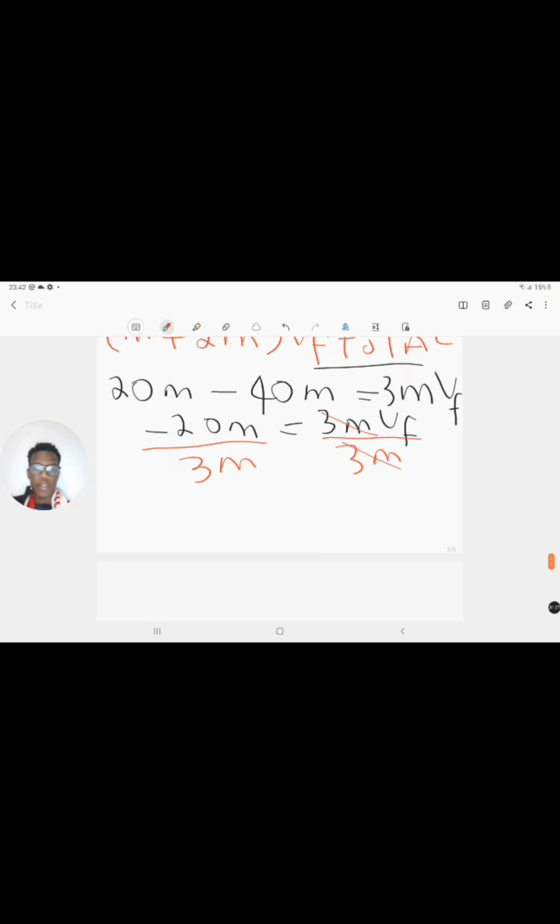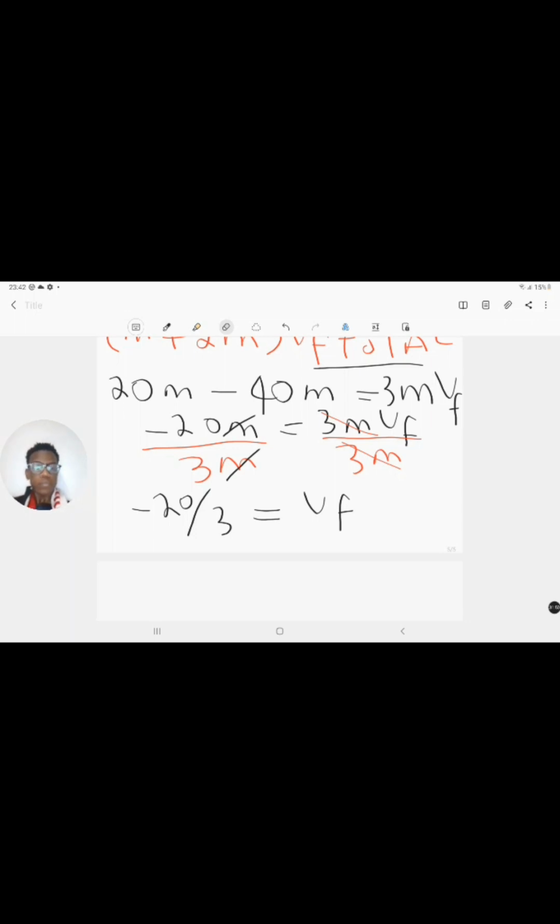Then I'm going to have VF is equal to minus 20M. The M's there are going to cancel. So it's going to be minus 20 divided by 3 is equal to VF.